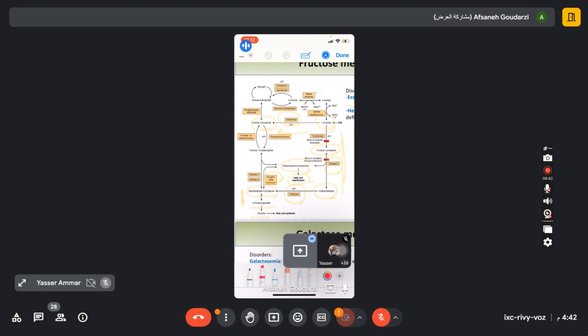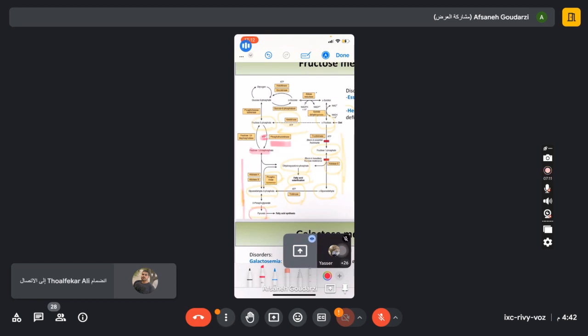Then the enzyme phosphofructokinase, by using ATP, changes fructose 6-phosphate to fructose 1,6-bisphosphate. You should remember we had fructose 1,6-bisphosphate in glycolysis. Then the rest of the reactions here are all the same as glycolysis.